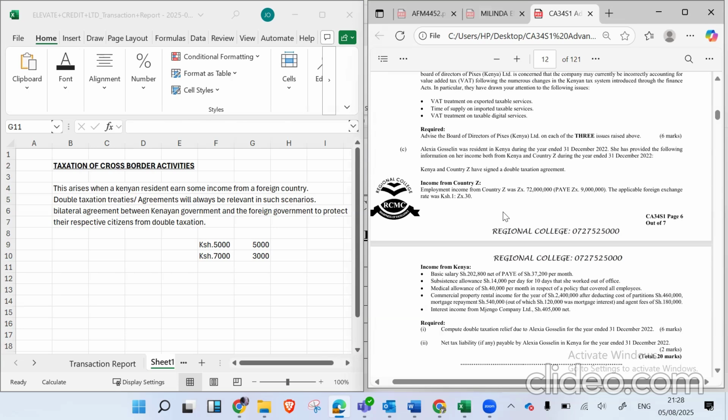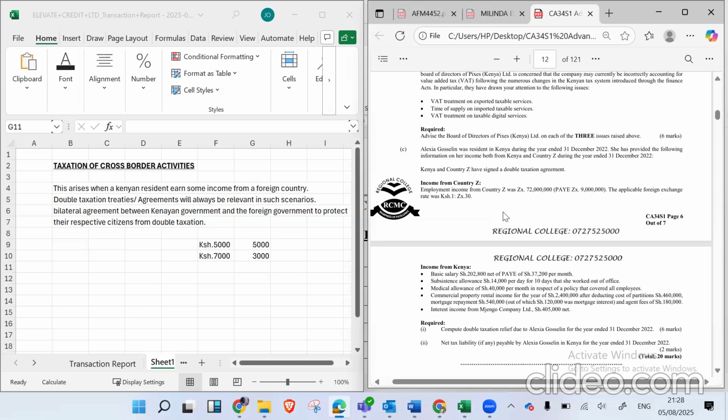Then we are told income from country Z, employment income from country Z was ZX 72 million, PAYE in that country was 9 million. The applicable foreign exchange rate was one Kenya shilling for 30 ZX.